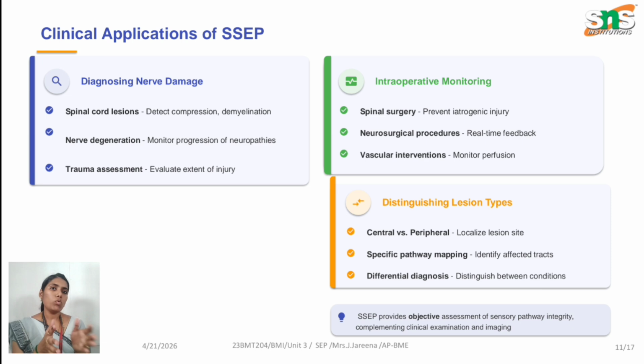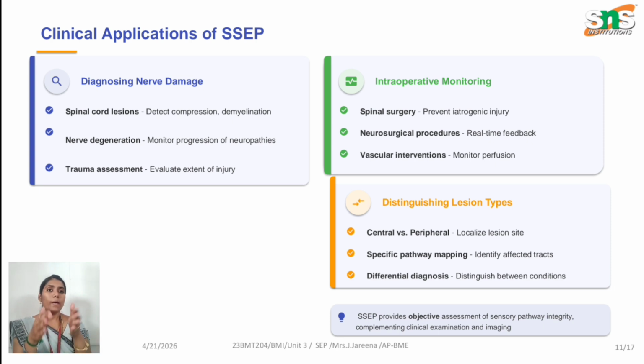Next we will move on to the clinical applications of somatosensory evoked potentials. The main thing is that it can easily help diagnose nerve damage, especially in the spinal cord, nerve degeneration, and trauma assessment. On the other side, we can also identify different lesion types, whether central or peripheral, or do specific pathway mapping with the help of somatosensory testing, and we can diagnose different lesions at different stages.